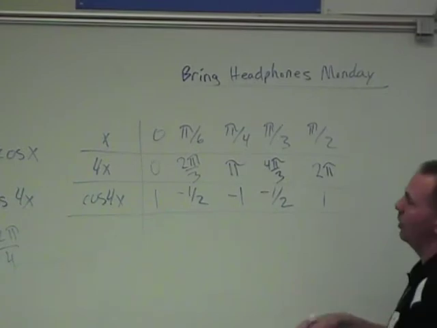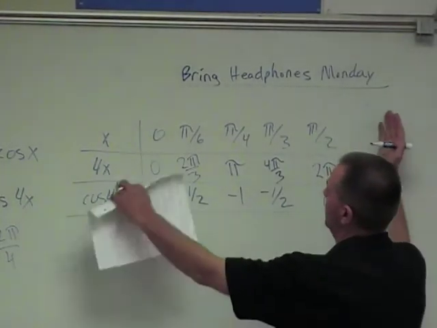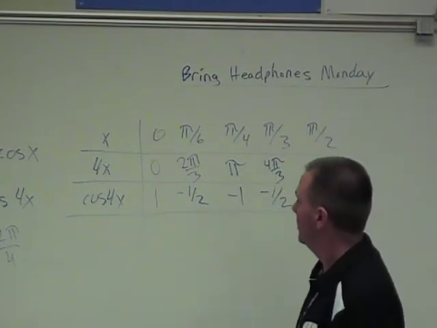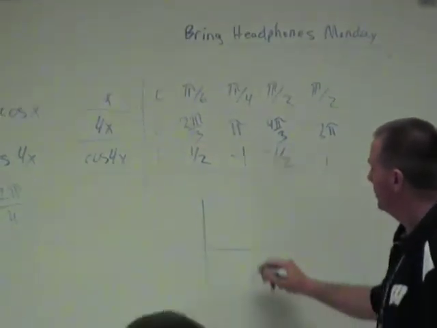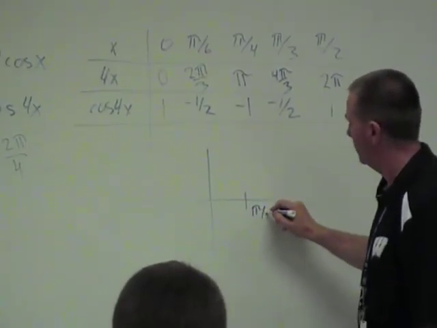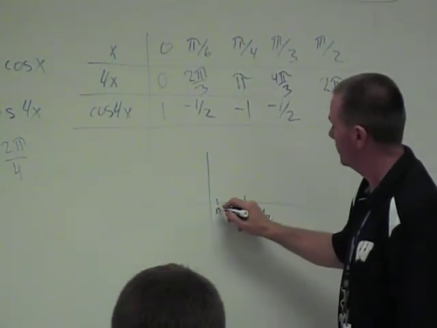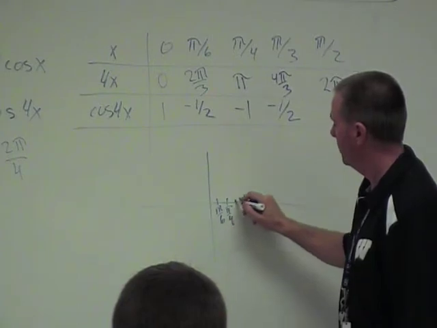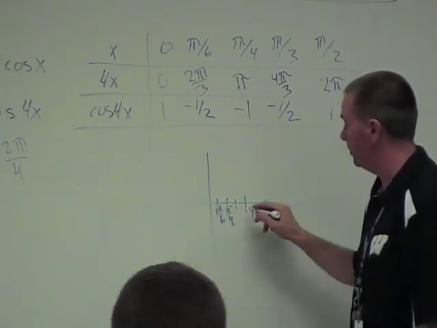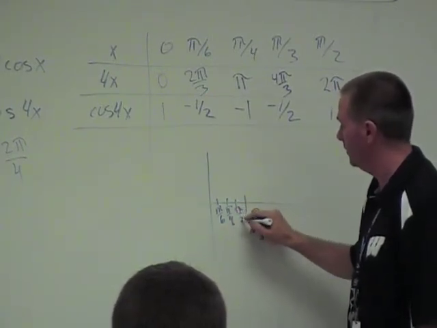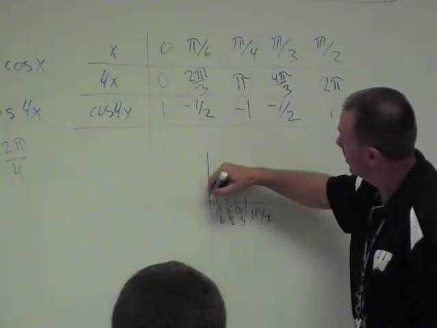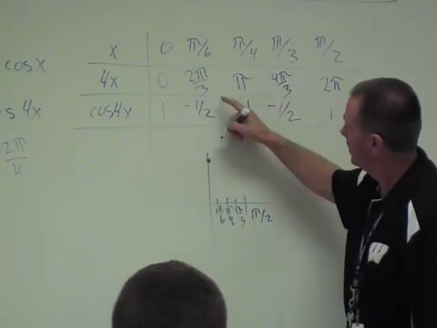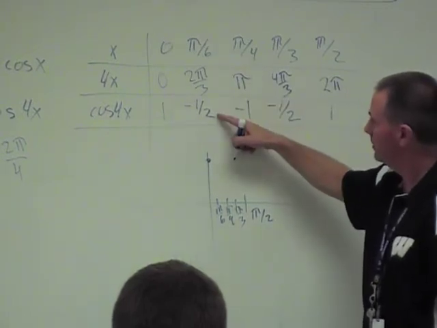Alright, so we took all the way from 0 to 2 pi and we crushed it into just a 90-degree area. This was pi over 2 here. So we have pi over 6. We have pi over 4, which is halfway between 0 and pi over 2, and pi over 3. Alright, at 0, cosine of 0 is 1. Cosine of pi over 6 is negative 1/2.